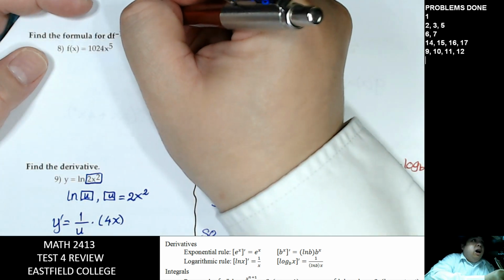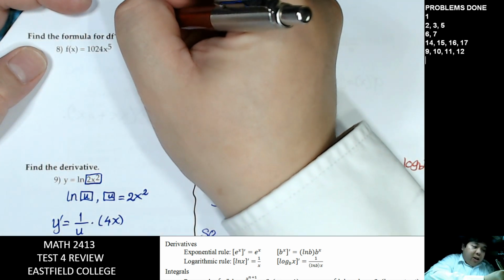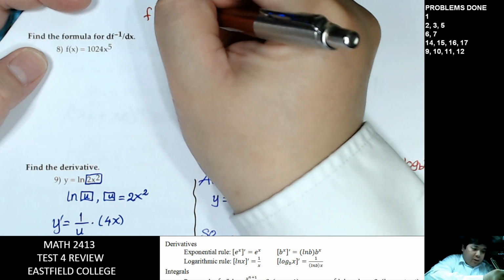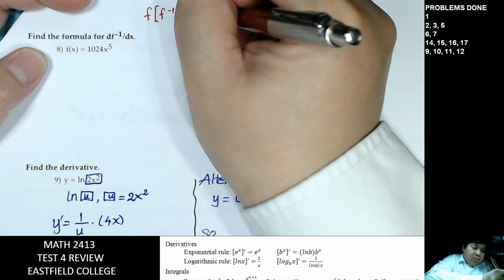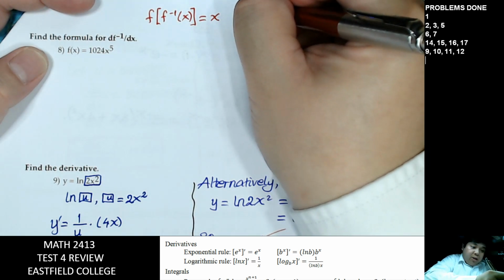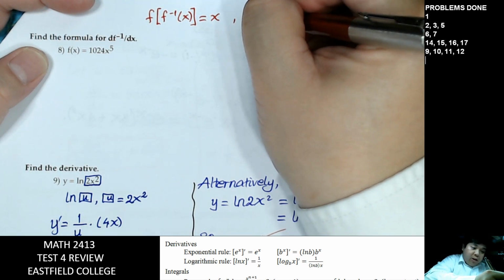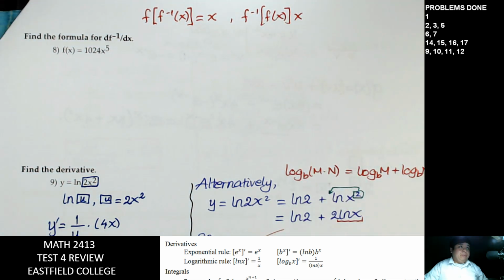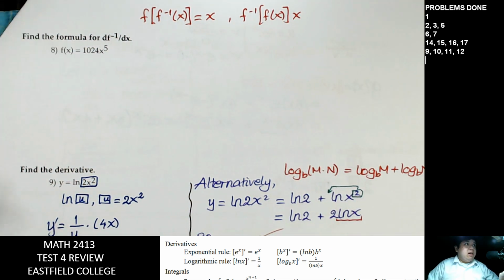So, properties of the inverse function: the function composed with the inverse gives us back x. The inverse composed with the function is also x. So we have that first.